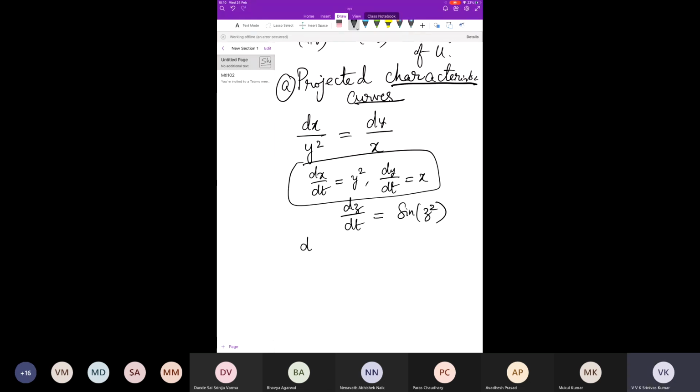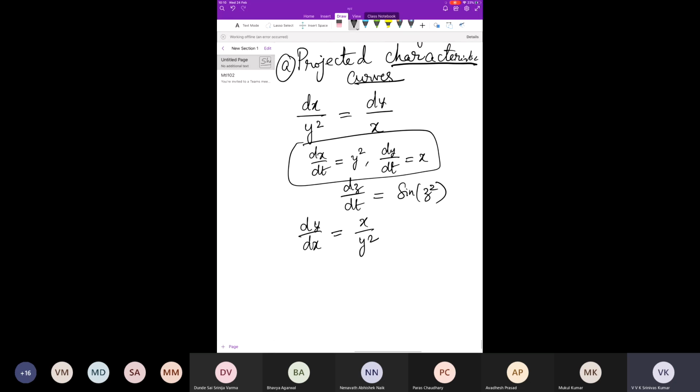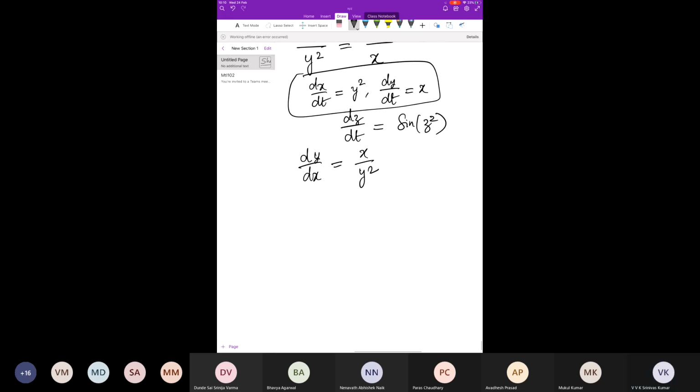From these two equations, dy upon dx is x upon y squared. So y squared dy is equal to x dx. Integrating, y cubed upon 3 is equal to x squared upon 2 plus a constant c1.